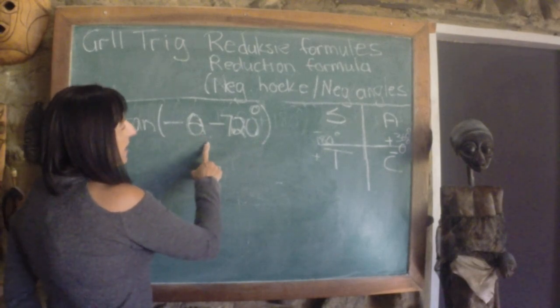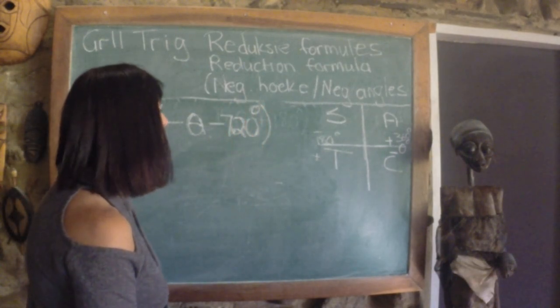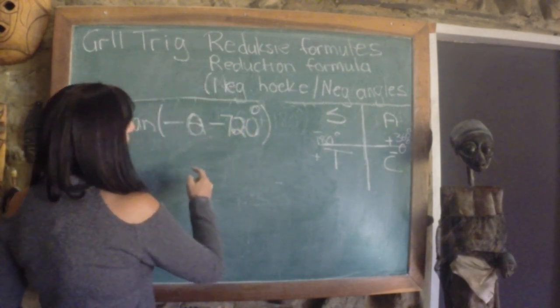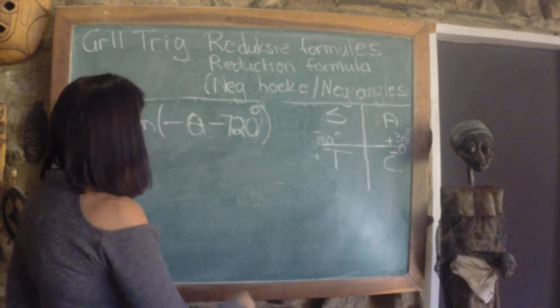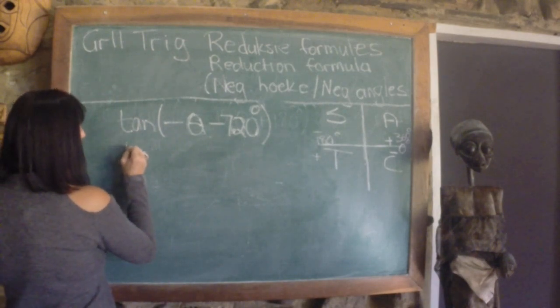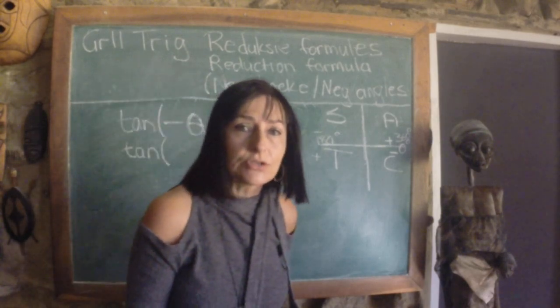If we add 180 degrees, it's not going to solve my problem. So I've got to add a lot of 180 degrees. So let's take 4 times 180 degrees will give me 720. So I can add as many cycles as I need to add.